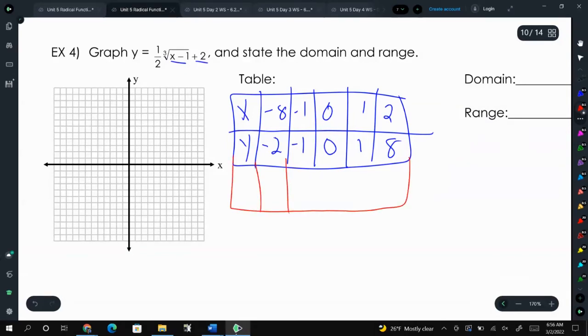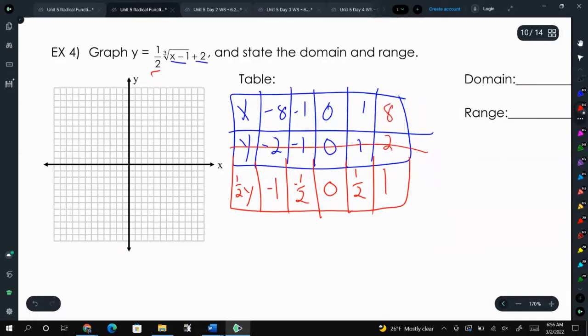where we multiply everything by that a value of 1/2. So we have 1/2 y. So -1/2, 0, 1/2. Whoops, I got these mixed up. And 1.